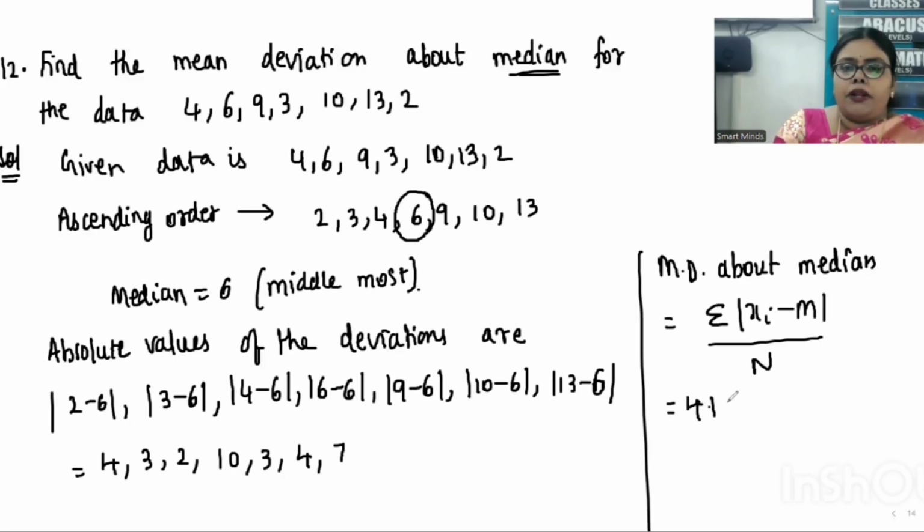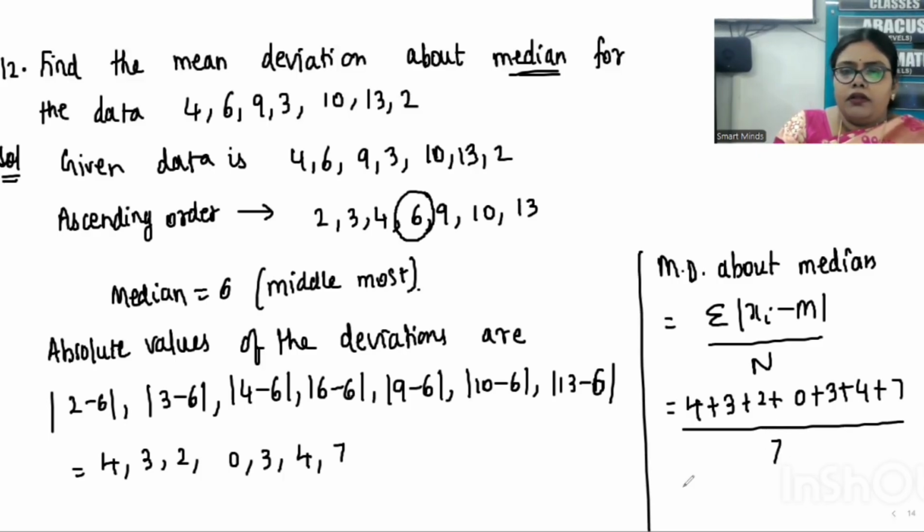That is 4 plus 3 plus 2 plus this is 0, right? So this is 0 plus 3 plus 4 plus 7 by 7. So the answer is 23 by 7. If you divide this, you get 3.29.